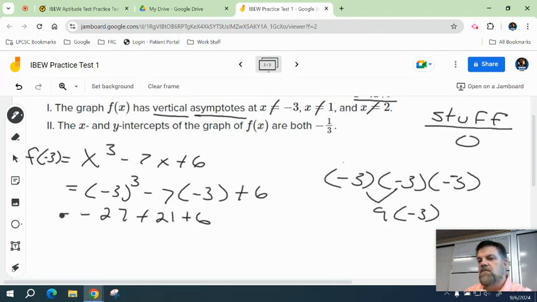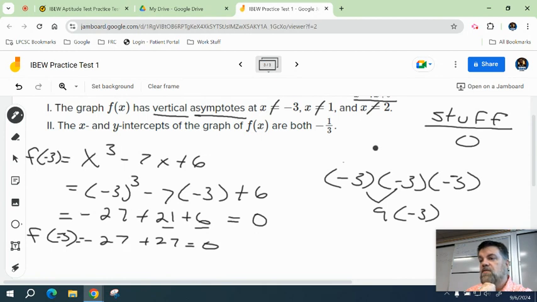If we add all that up, it equals 0, right? Because 21 plus 6 is 27, minus 27 equals 0. So f of negative 3 does, in fact, equal 0.